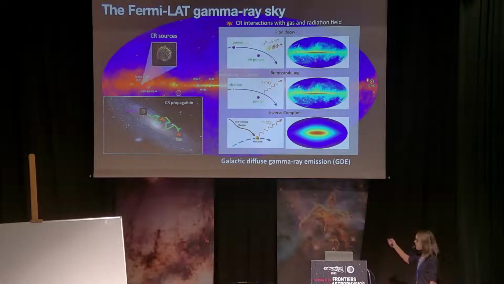So you have three main mechanisms to produce photons in this energy band. One is through the decay of pions that are produced in proton-proton interaction. So a cosmic ray proton interacts with an interstellar medium proton. It produces mostly pi zeros. The pi zeros then decay into two photons.